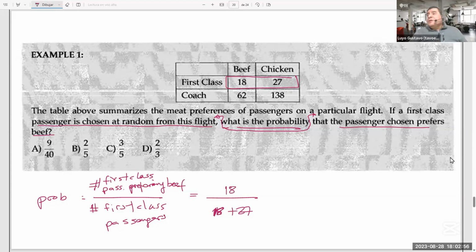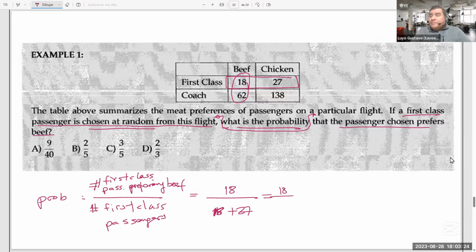Be careful. Don't go for all the passengers that prefer beef, which would be this group. That would be incorrect because we are not choosing the passengers that prefer beef among all the passengers. Here, the premise says that a first class passenger is chosen at random. So we don't care about the passengers in coach. Okay, be careful.